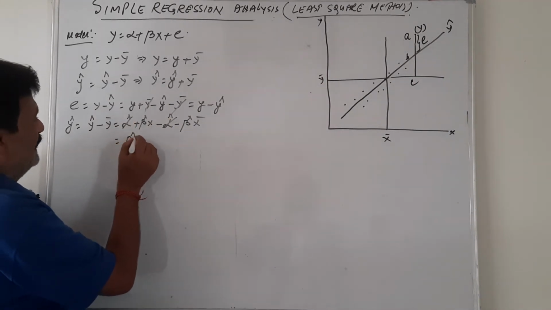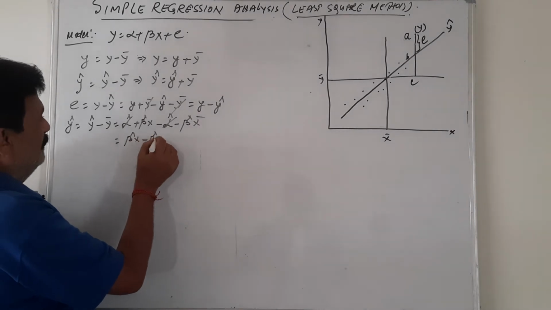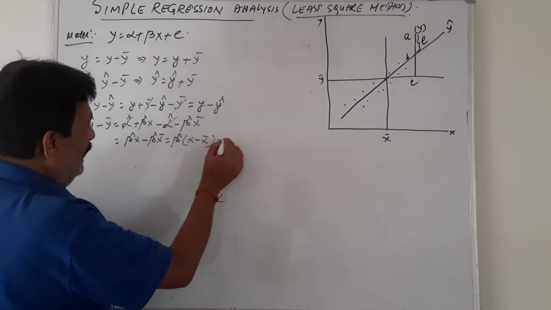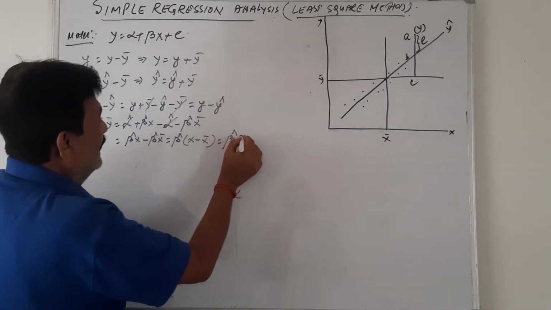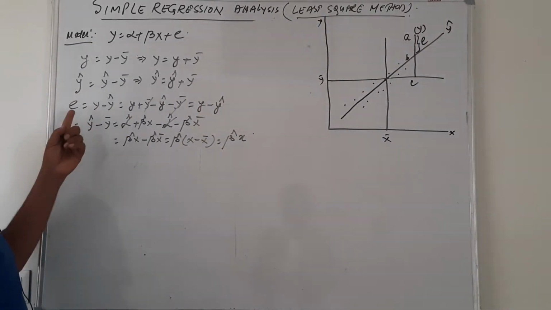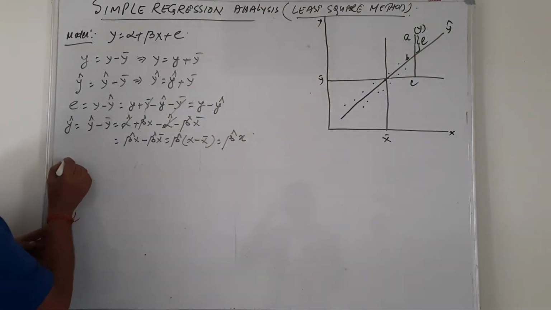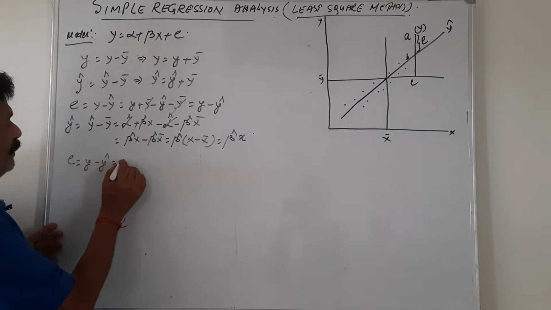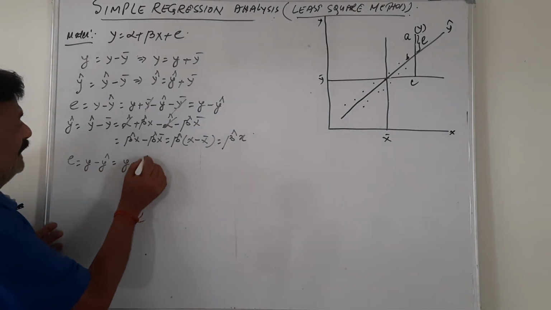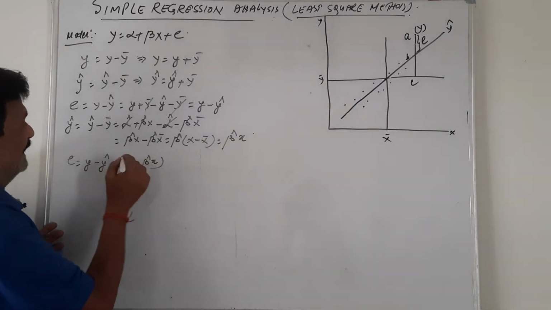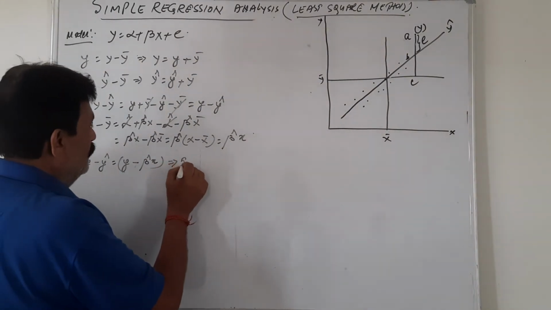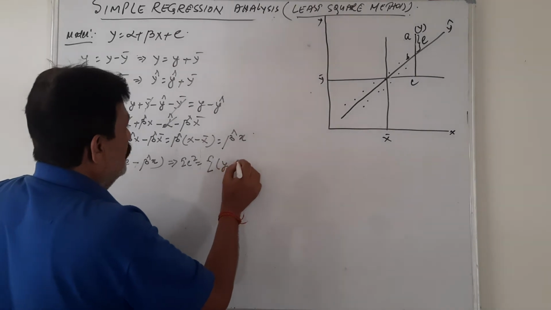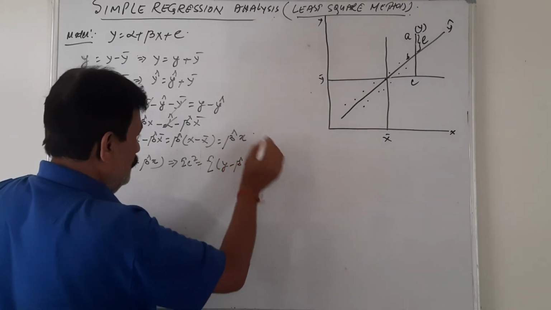So beta cap x minus beta cap x bar, beta cap is taken common, x minus x bar. So this is beta cap small x. So small e could be written as small y minus small y cap, small y minus beta cap x. Hence summation e square is summation y minus beta cap x square.